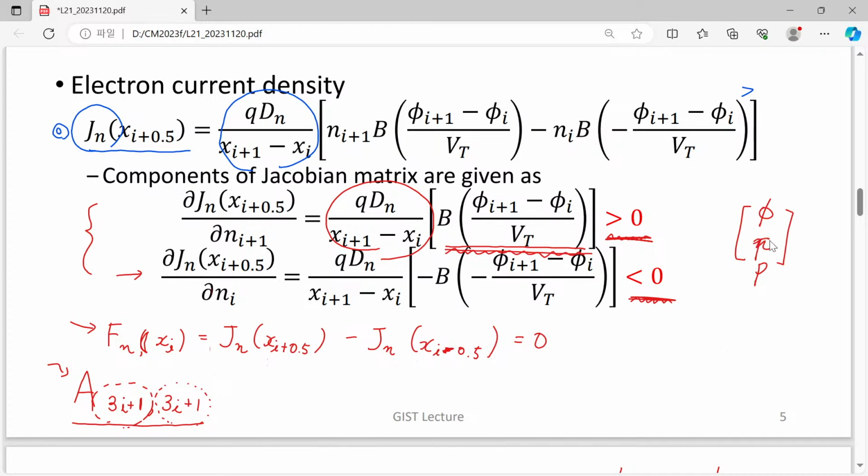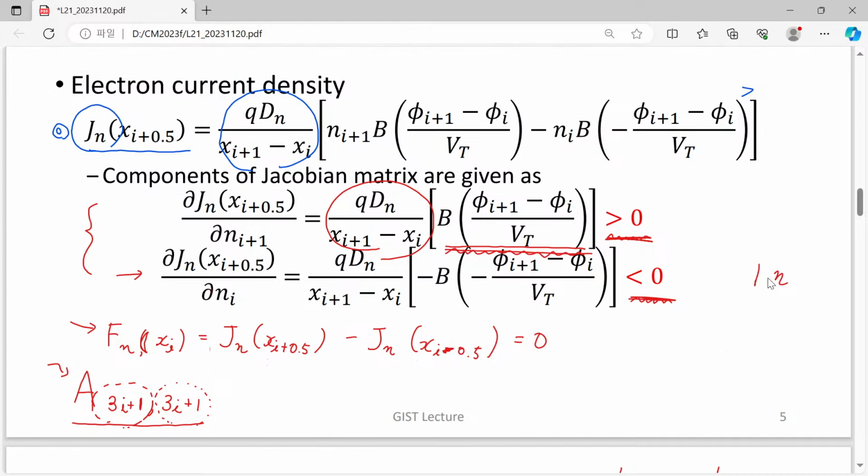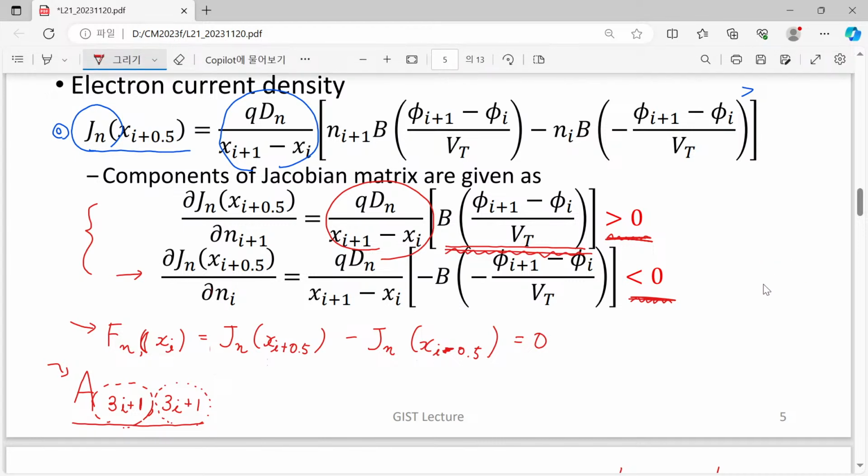Of course, if we swap hole and electron, then that will be different, but I just arranged them in the order phi, n and p. So then what will happen? In order to evaluate this one, we must consider this one.